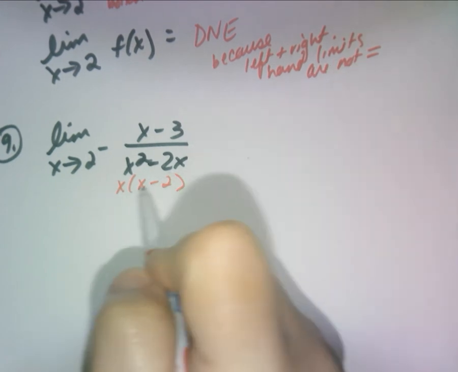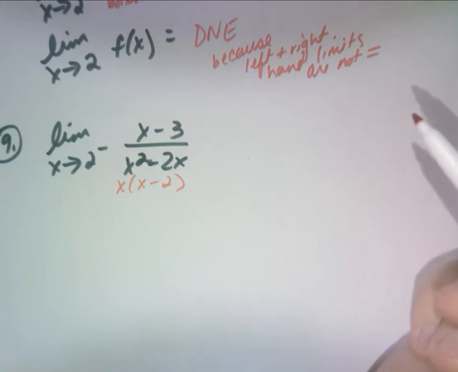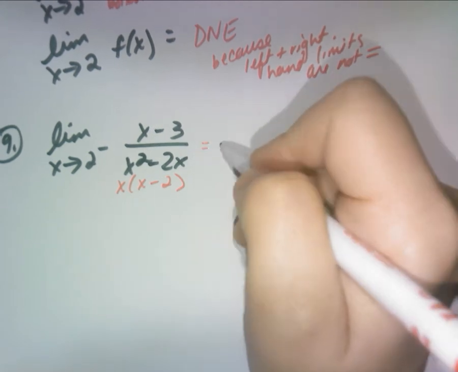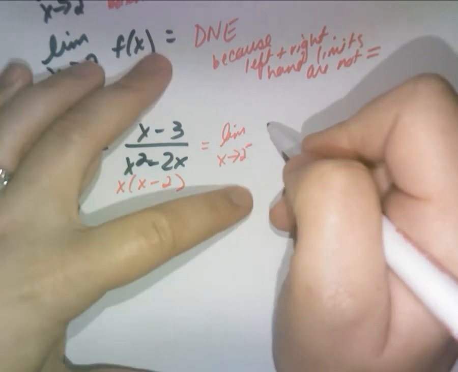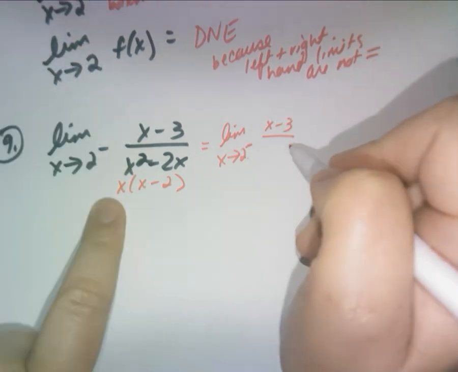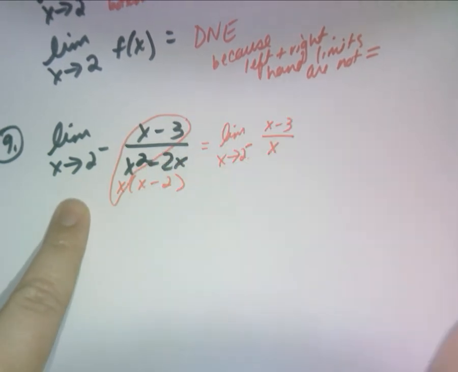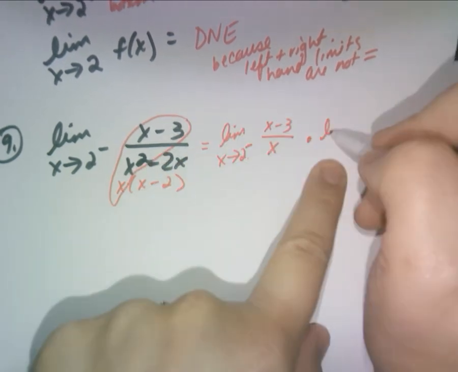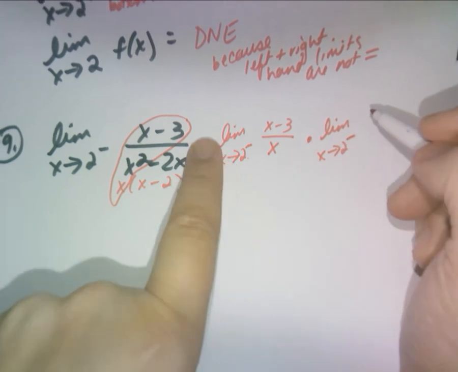When you are multiplying by a fraction, do you know that you can split up the fraction? So you could rewrite this as the limit as x approaches 2 from the left of (x minus 3) over x, times the limit as x approaches 2 from the left of, what would I be left with on top?